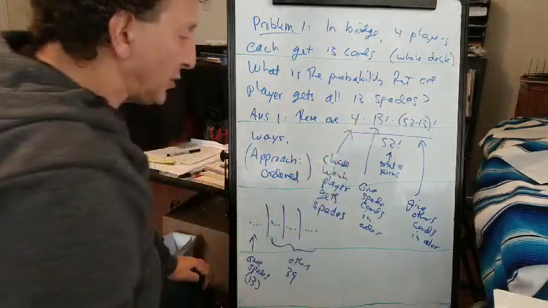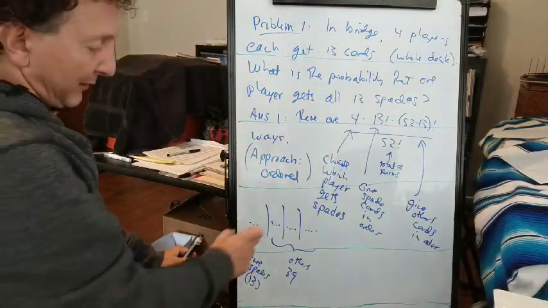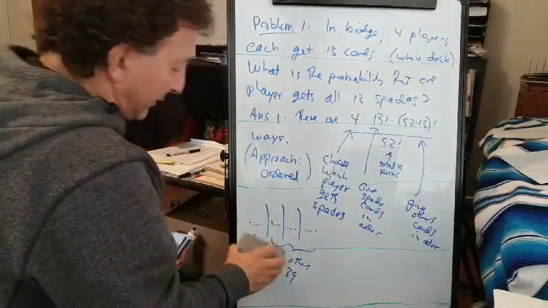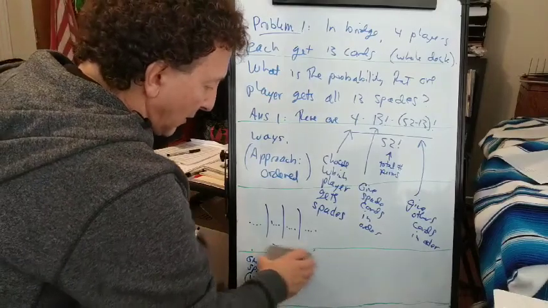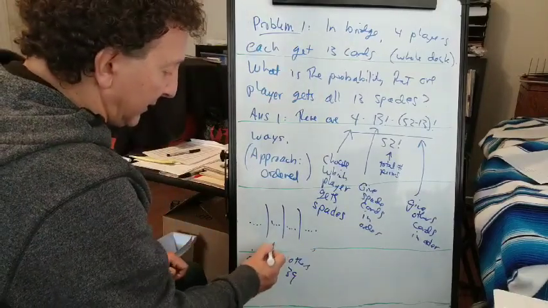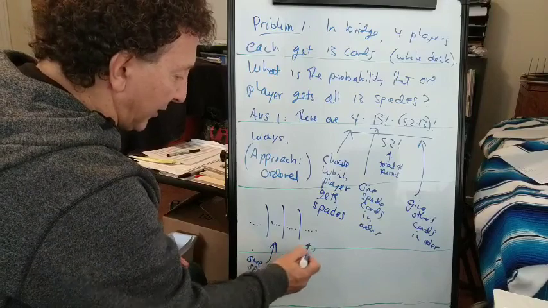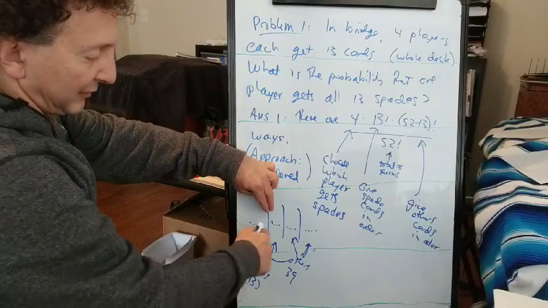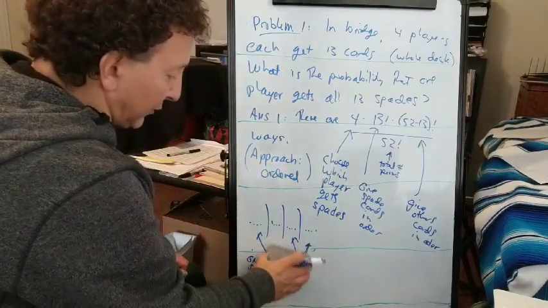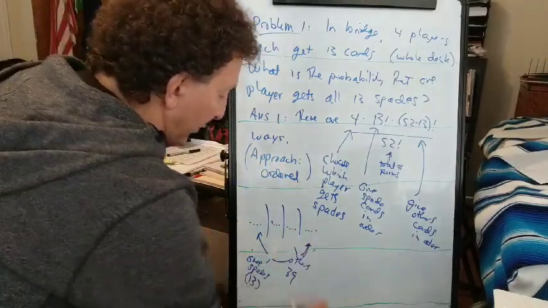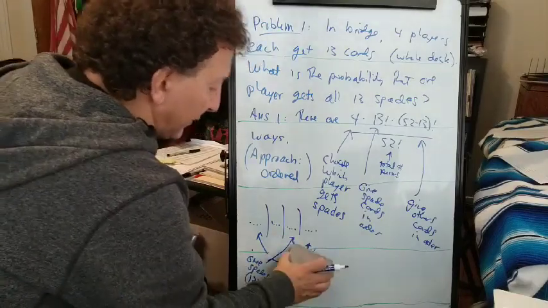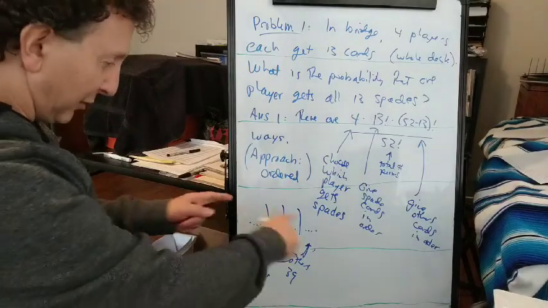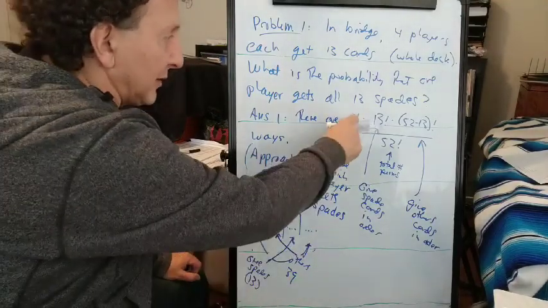So there's 4 ways to choose which player gets the spades. I could be giving spades here and then 39 cards there, or I could be giving spades here and then 39 cards, just permute the other 39 cards in these 39 positions, or I could give spades to the 3rd player and then permute the other 39 cards in the other 39 positions, etc. So there's 4 possibilities that all look the same without the 4.